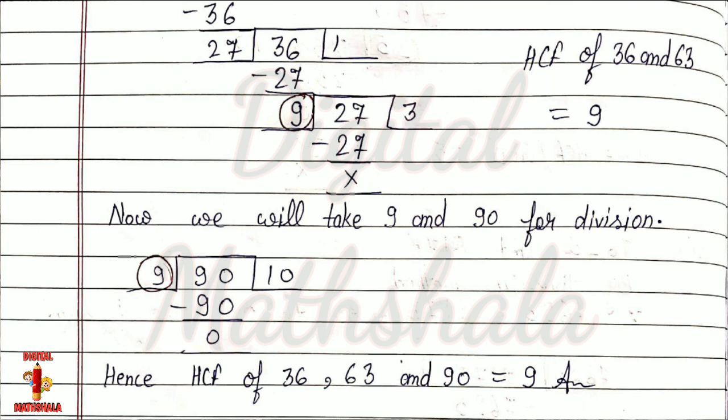Now we will divide 90 by 9. So we will have 10 as a quotient and remainder 0. So now if remainder is 0, then 9 will be the last divisor of the division process. So 9 will be the HCF of 36, 63 and 90.